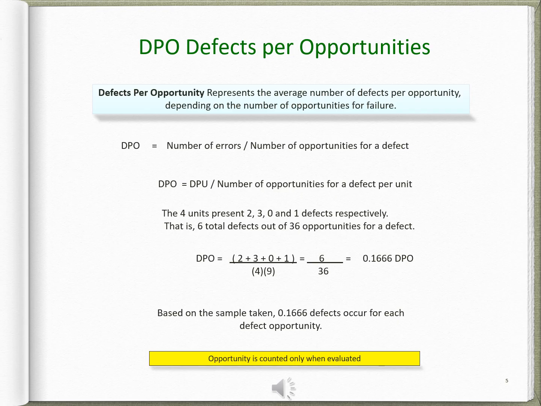In our example, the 4 units present 2, 3, 0, and 1 defects, respectively. That is 6 total defects out of 36 opportunities for a defect. Therefore, 0.166 DPO. Based on the sample taken, 0.1666 defects occur for each defect opportunity. An important note is that opportunity is counted only when evaluated.